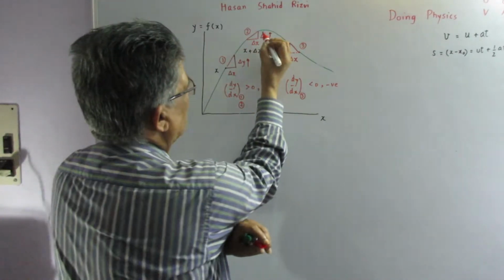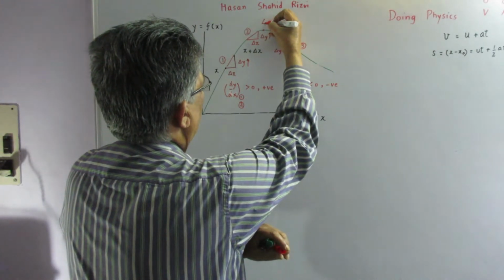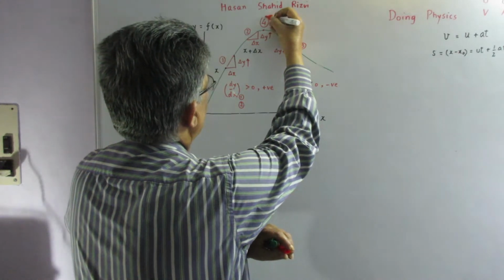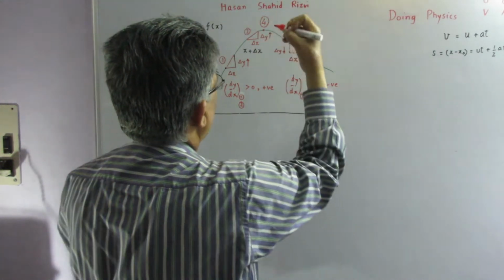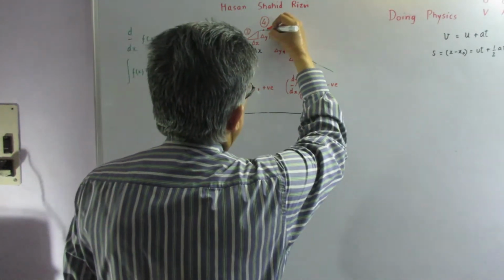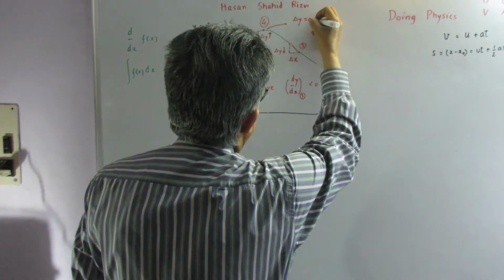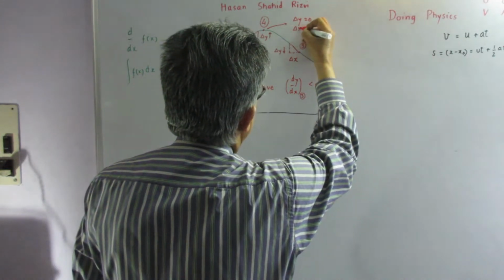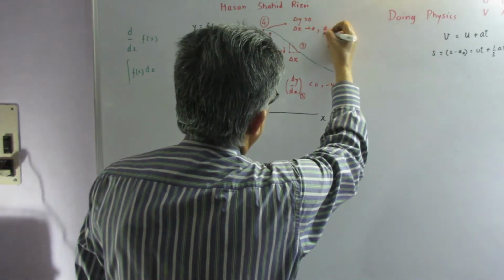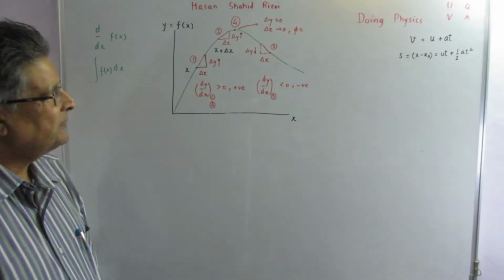So this point I am just writing as point number 4. At point number 4, the value of delta y is equal to 0 under the limit that delta x tends to 0, which is not equal to 0, which is finite.